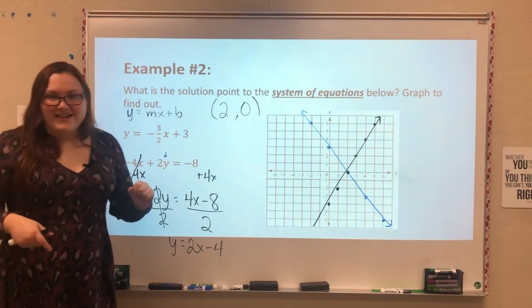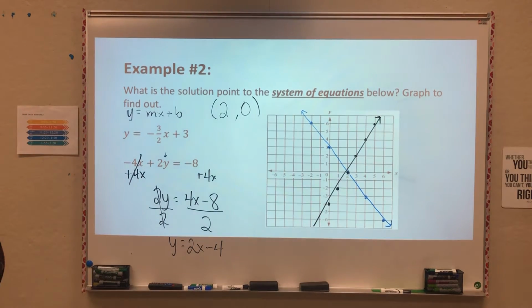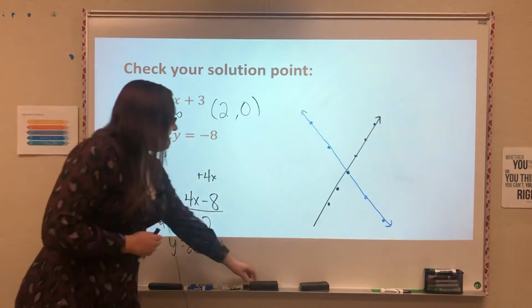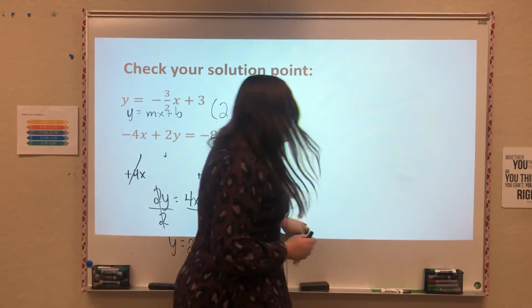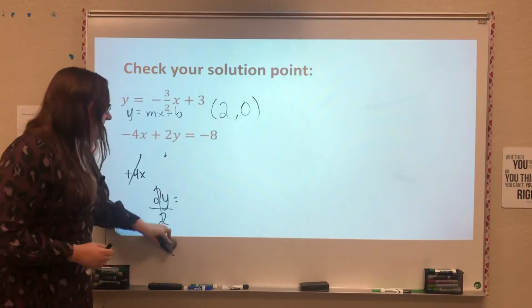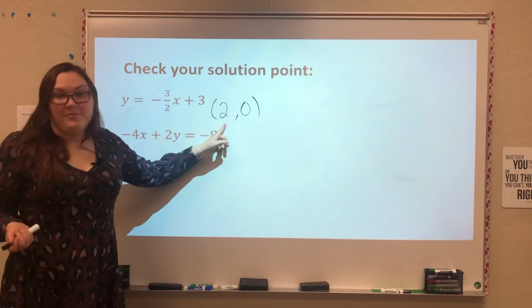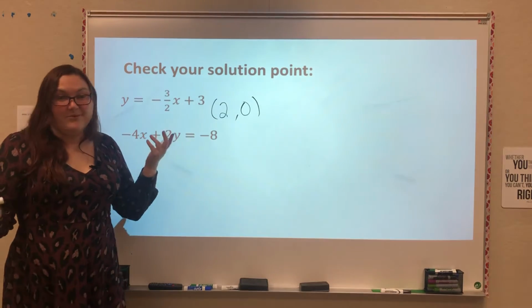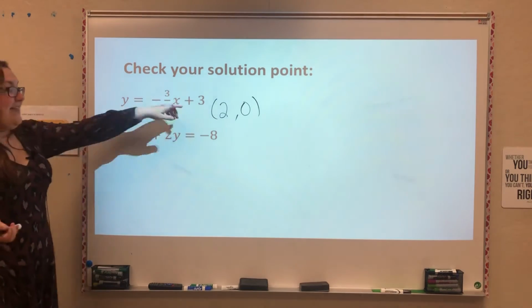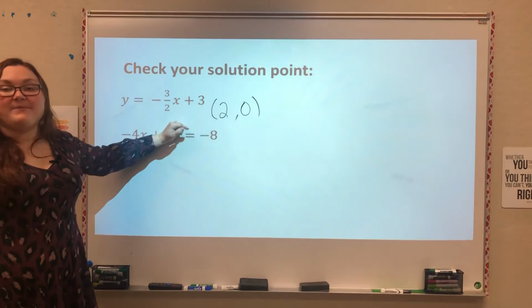Well, we can check by doing what we did yesterday. I'm going to give myself some room for this. Yesterday, remember, the questions were something like what I'm asking now. The questions were me giving you a point and asking you, is it a solution point? That's kind of where we're at now. I think this is the solution point, but I want to check my answer.